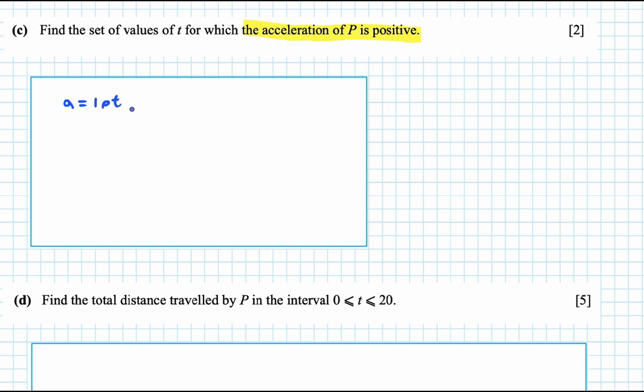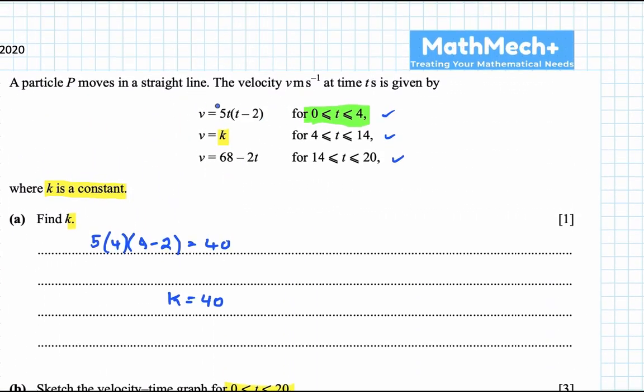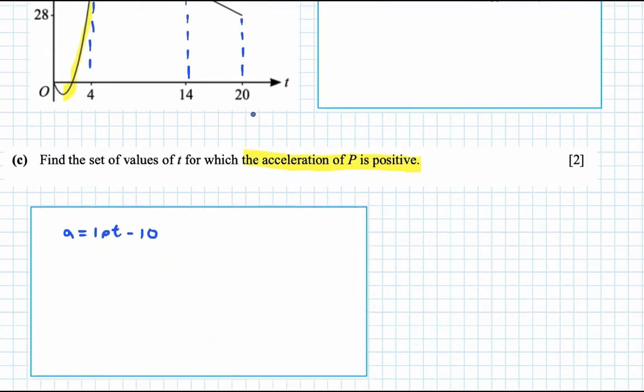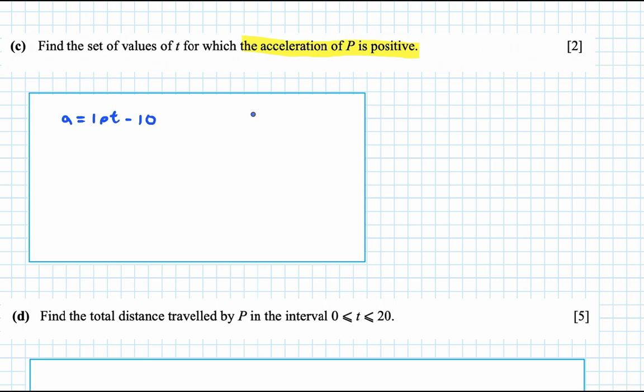So our acceleration a, from v equals 5t squared minus 10t, is 10t minus 10. And of course that's between 1 and 4. So the set of values for where it's positive is t greater than 1 and less than 4.